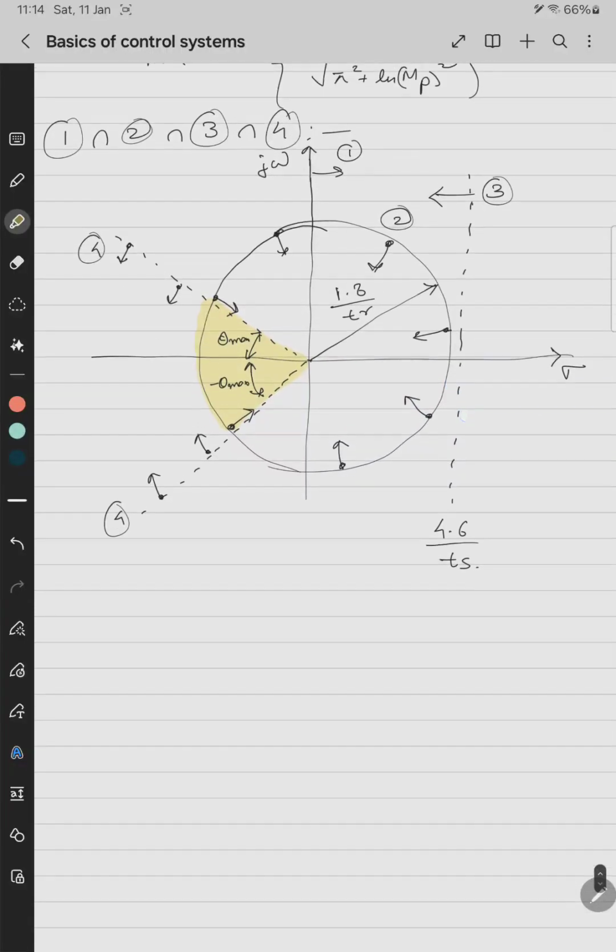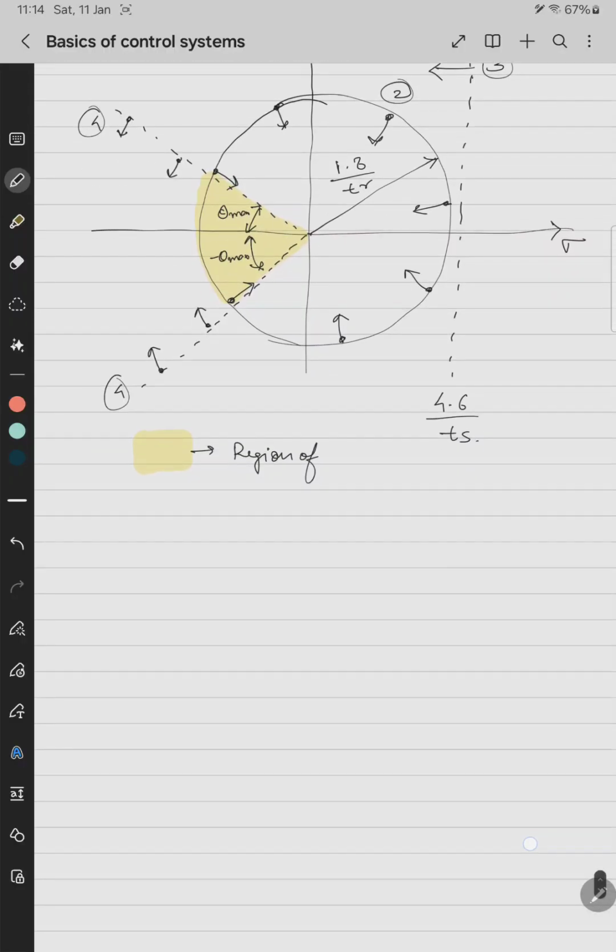This is the point of operation. Not point of operation, the region of convergence or region of stability, or what do you say, the region of controller design.